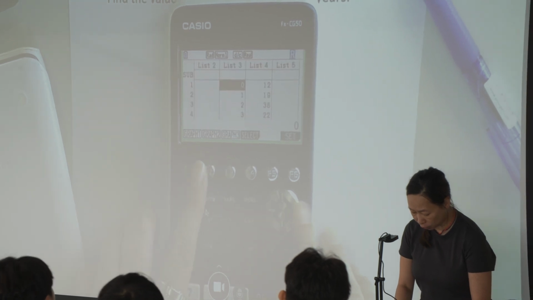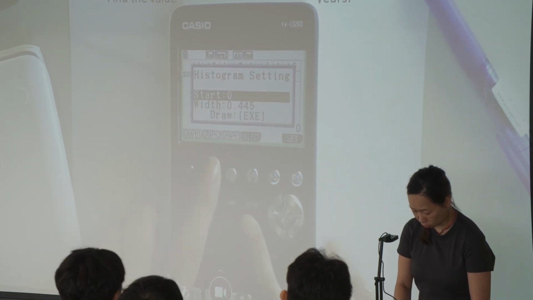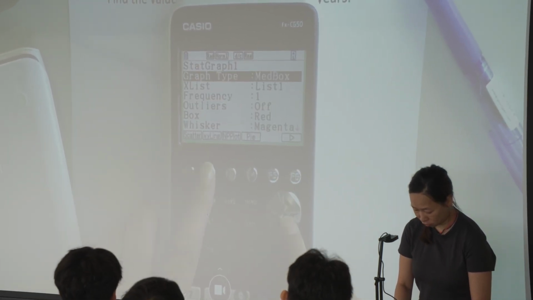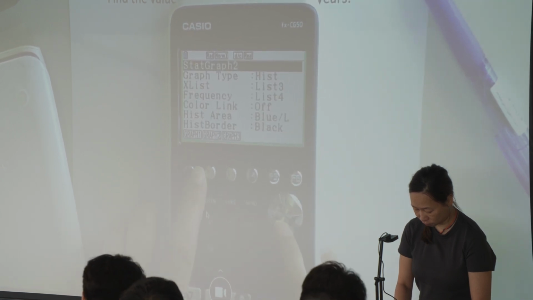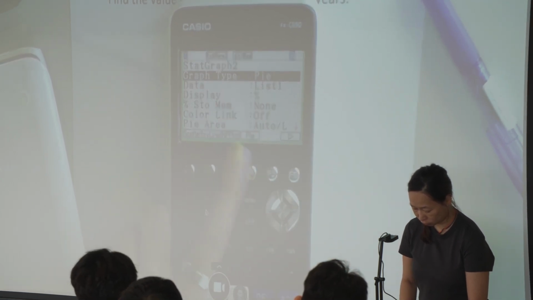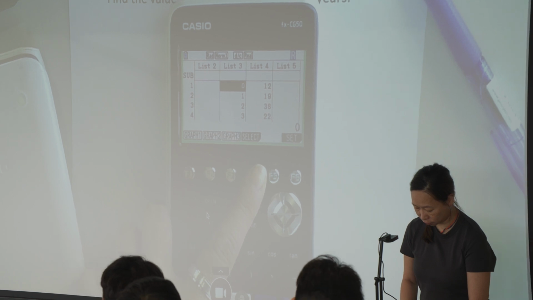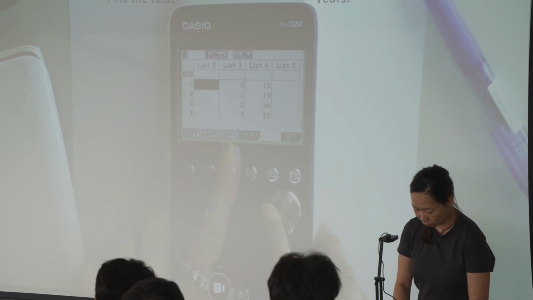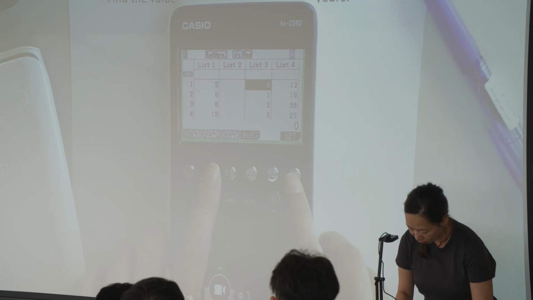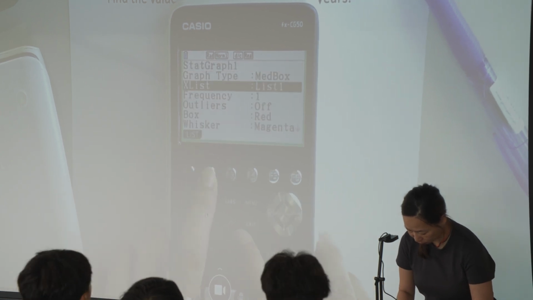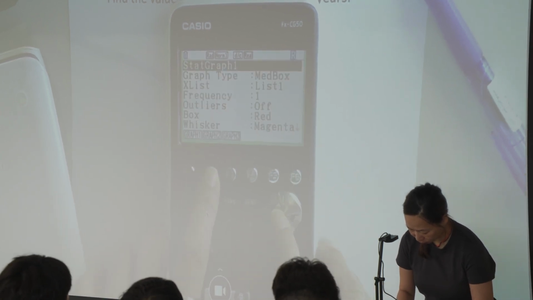Actually, you can do pie chart as well. Oh, pie chart. Do I have to leave one? This one? Ah, no, set it first. The frequency is.